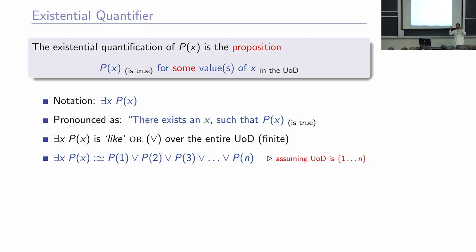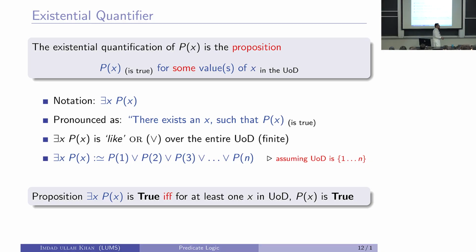Recall that P or Q or R is true when at least one of them is true. It's false when all of them are false. So an existential statement can be thought of as a disjunction over the entire universe of discourse.